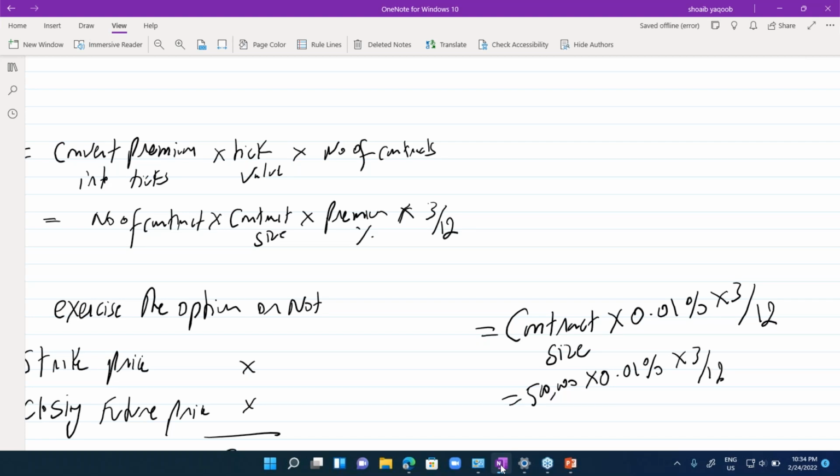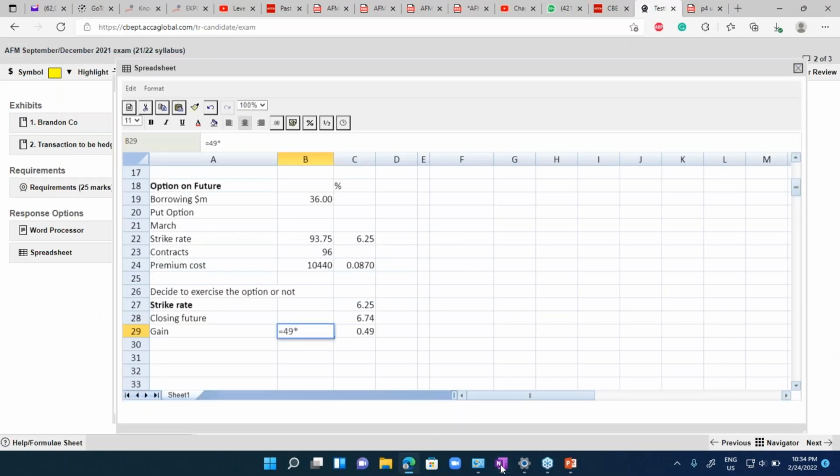There is no logic behind this; it is just the formula. I'm explaining both ways. If you are using the tick value, 49 ticks into 12.5 is the tick value, into number of contracts 96, gives 58,800.